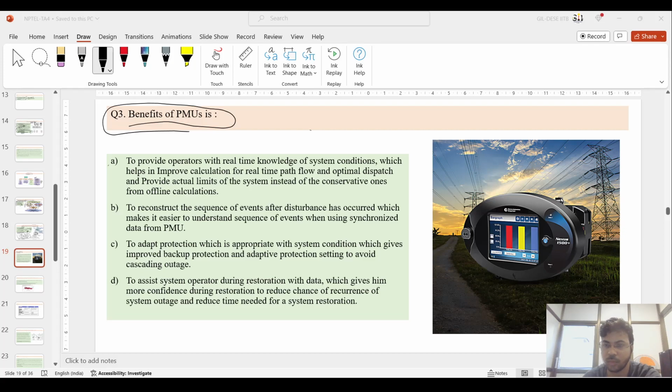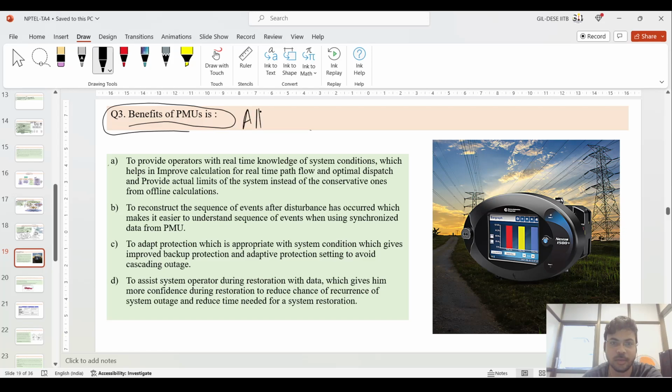Any other answer? Anybody else? Ritika, Devin, Navneet? Okay, Shankar is saying correct. Navneet is saying correct. Good. At least you are giving the answers. That is the most important thing. Thank you very much.